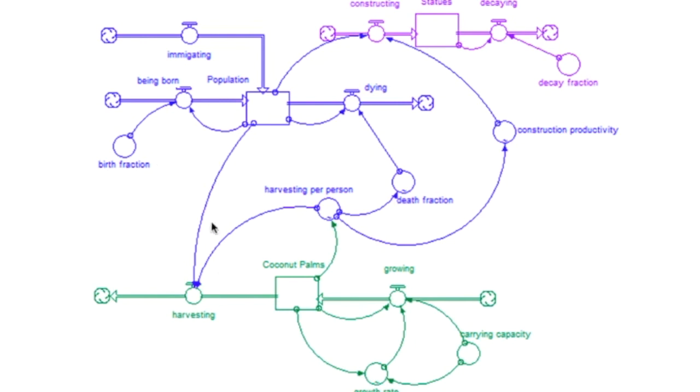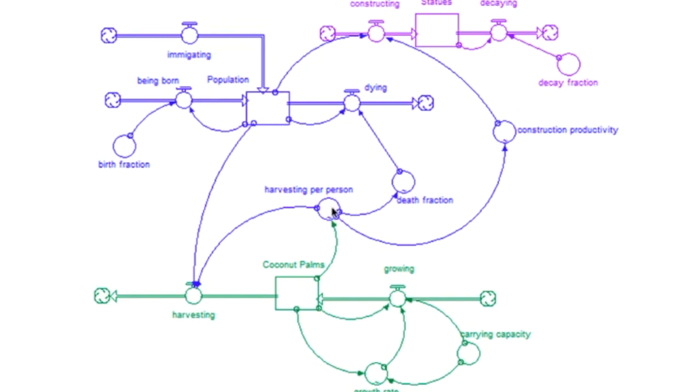What we can see here is that the coconut palms have a differential equation that is created according to the flows in and out of the coconut palms, and it includes population. At the same time, the equation created from all the inflows and outflows of population includes the stock of coconut palms through harvesting per person.